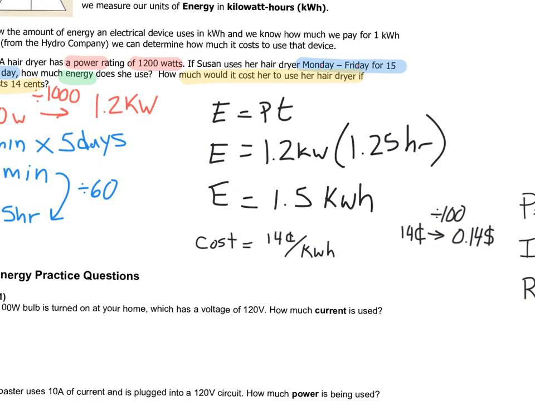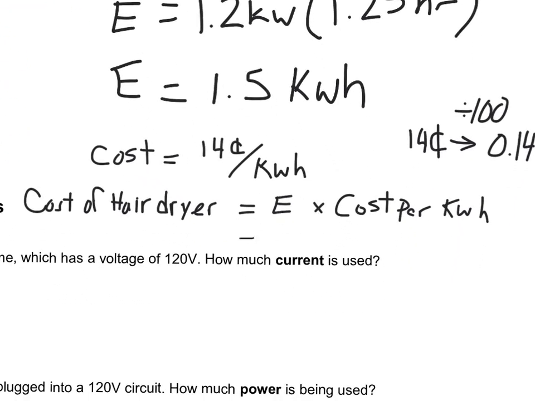In order to find the cost of using the hairdryer, we need to take the amount of energy used and multiply that by our cost per kilowatt hour, which was given to us in our question. So to plug in our values, we have 0.15 kilowatt hours times $0.14 per kilowatt hour.